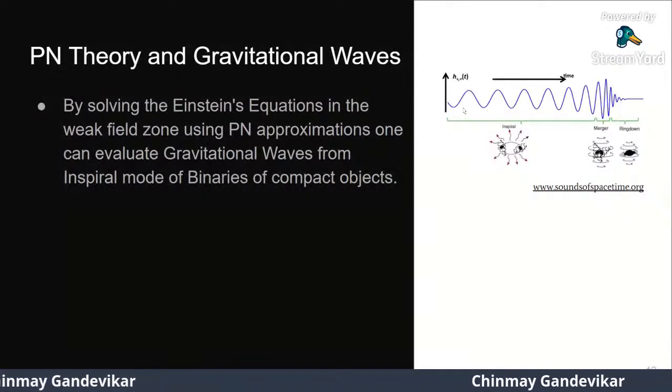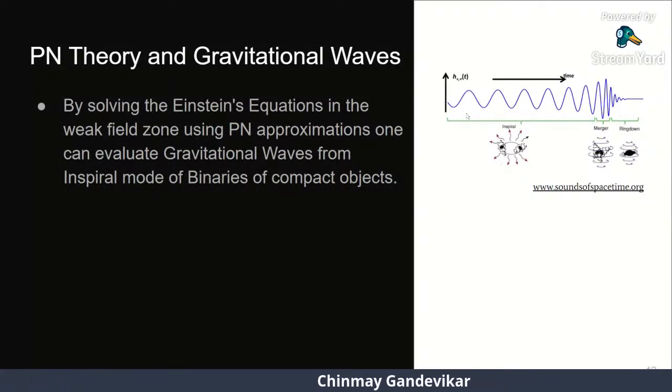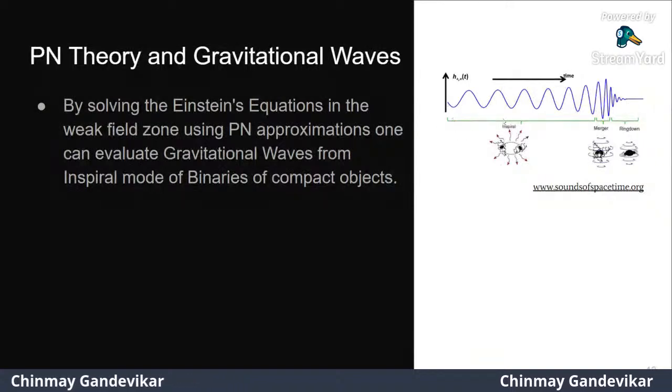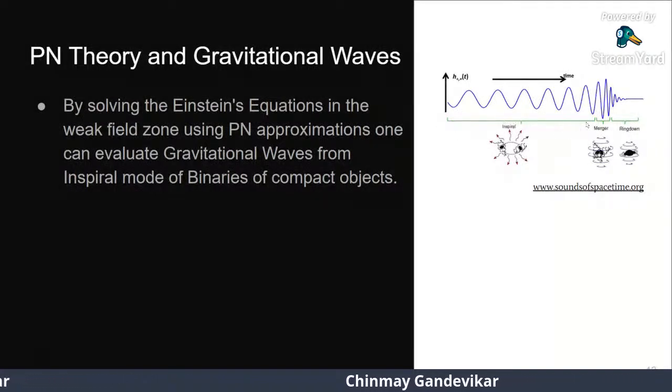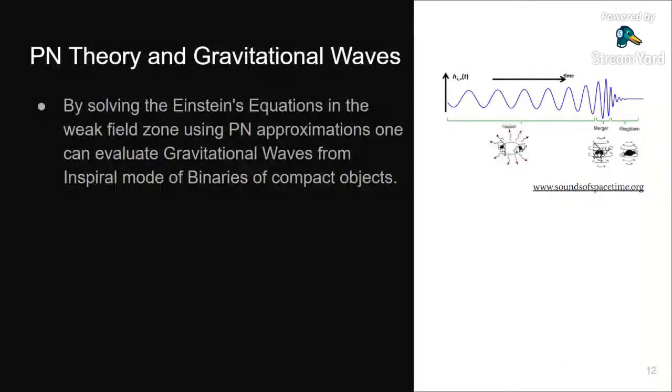They are in inspiral mode from this to this region, where they are just moving around each other because of their mutual gravity. Where you see merger is when they are very close to each other and have started coalescing. And the ringdown is when the two bodies become one and just wiggle, before they settle completely.